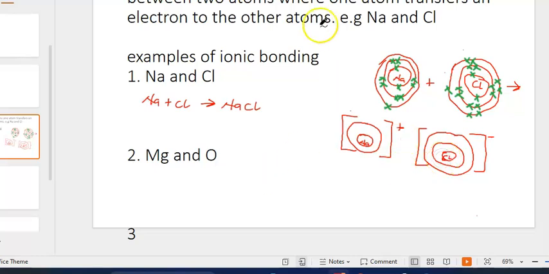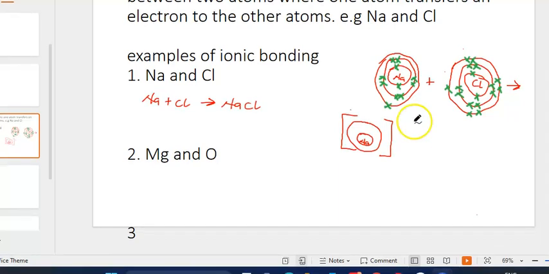Let me just write it properly here so that it is more clear. So indicating one electron, then we are going to have the one for chlorine here.